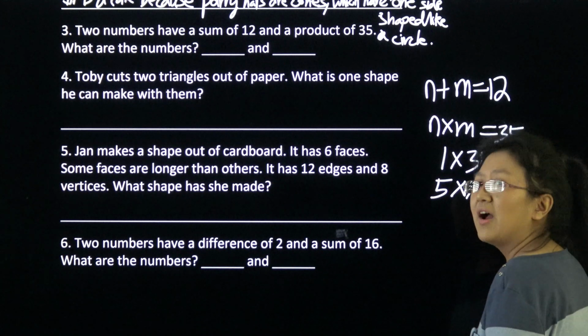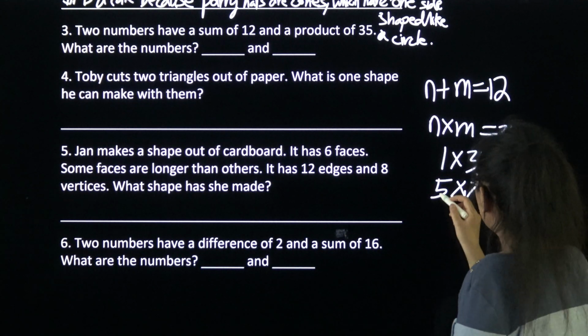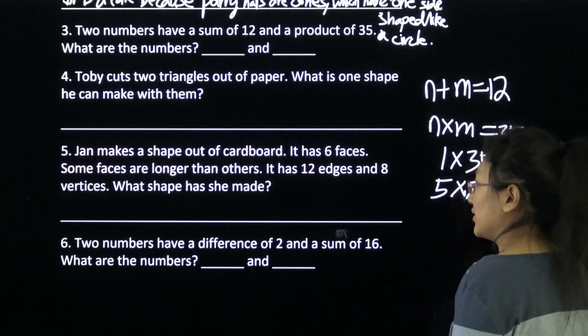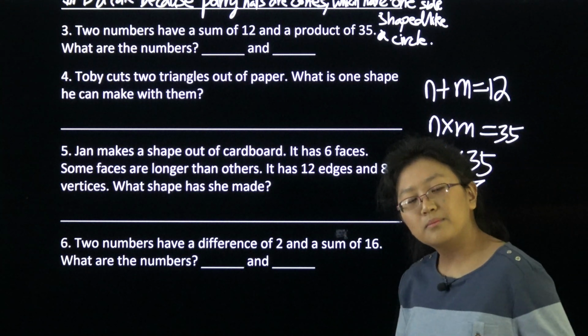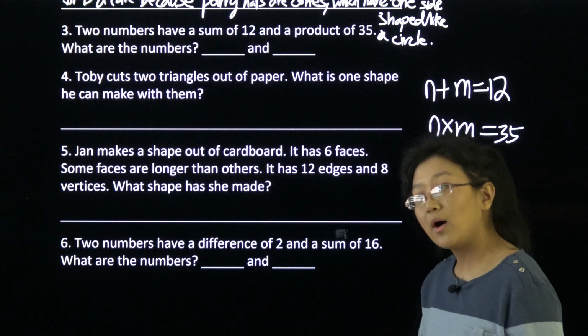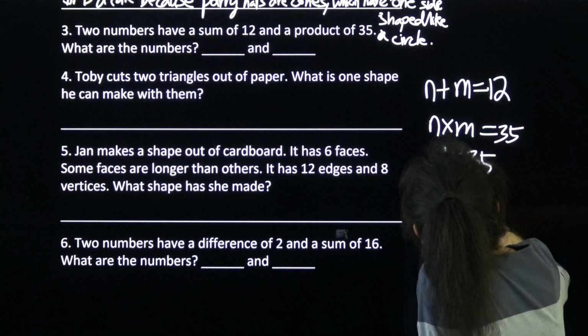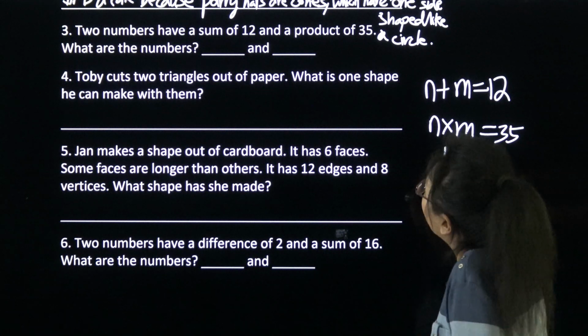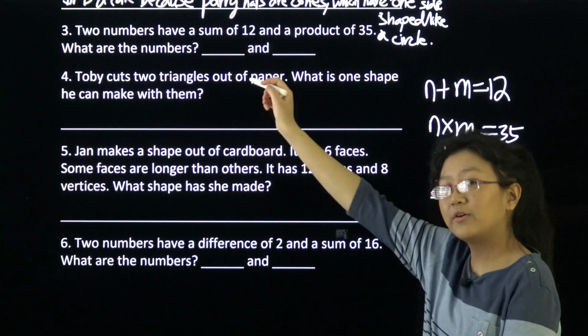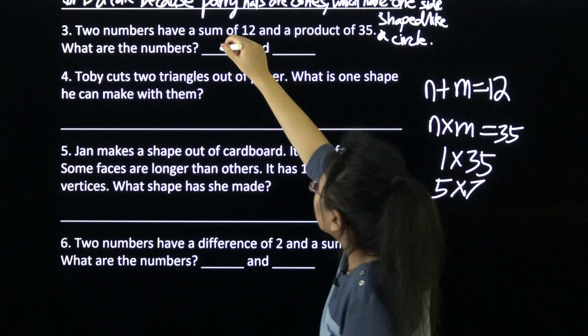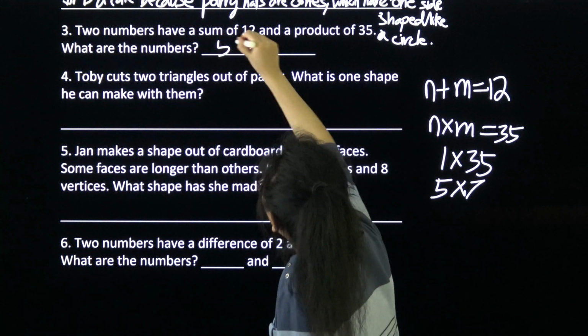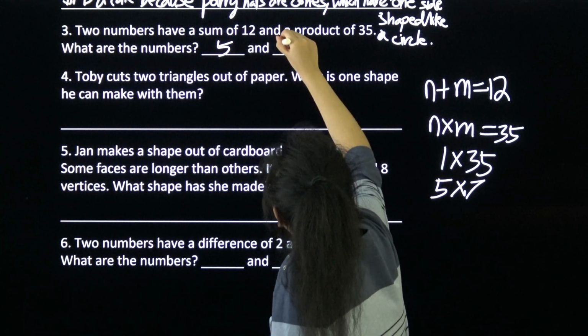But 1 plus 35 is not 12. But what is 5 plus 7? 5 plus 7 equals 12. So 5 plus 7 equals 12. 5 times 7 equals 35. That fulfills the requirements. So the numbers are 5 and 7.